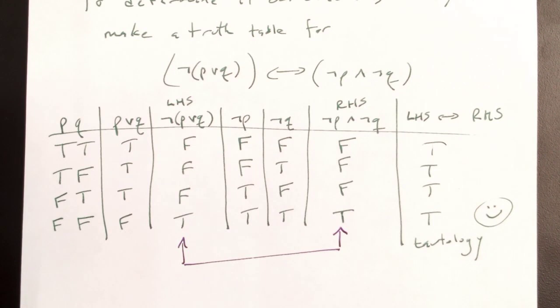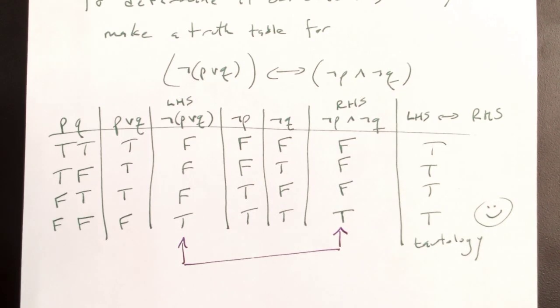Two variables, 4 rows, 3 variables, 8 rows, 4 variables. I'm counting the powers of two, aren't I? Every time I add another variable, I have to reproduce the entire chart with that new variable, either all true or all false.